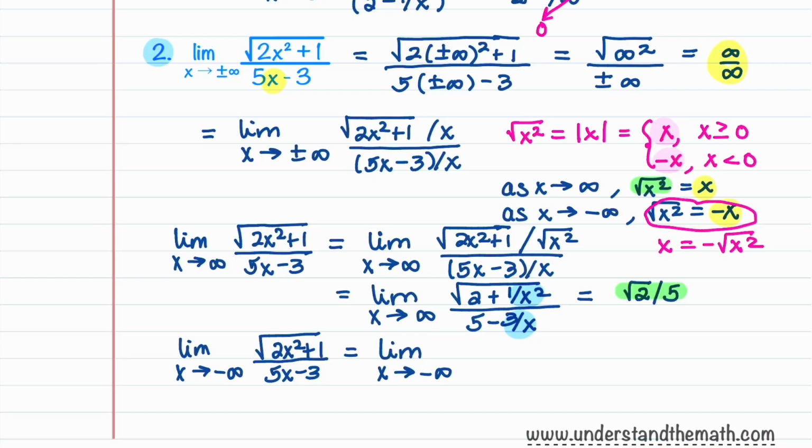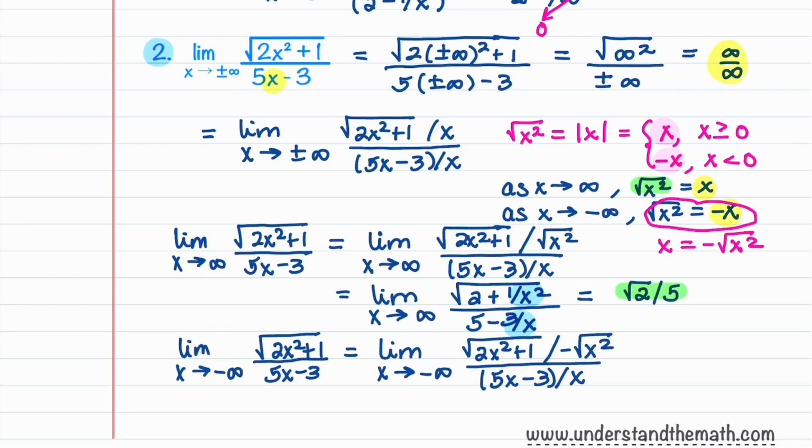So that's what we're going to divide by. In the numerator, we have 2x squared plus 1, and we're going to divide by minus square root x squared. And then on the bottom, we're just going to divide by x. So we have 5x minus 3 divided by x.